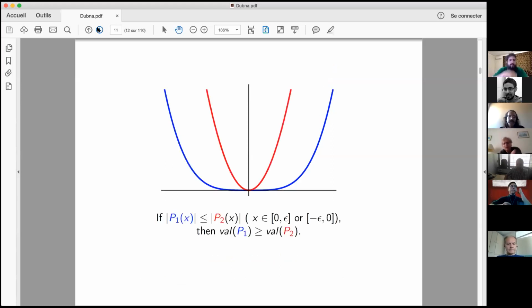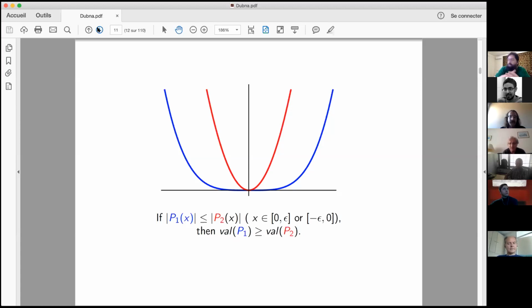And the second tool that we need to prove the theorem of Conceivage is the following. If you have 2 polynomials like the red one and the blue one, and, let's say on the right of the origin, the modulus of the blue is smaller than the modulus of the red, you can conclude that the valuation of the blue is greater than or equal to the valuation of the red, because the valuation gives you the dominant term of the polynomial in the neighborhood of the origin.